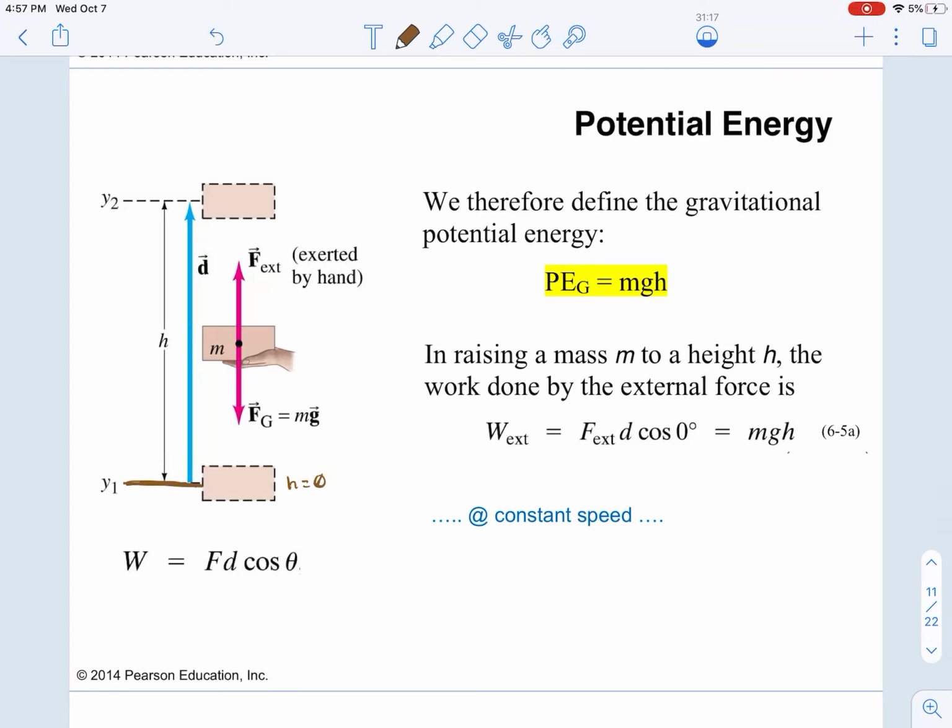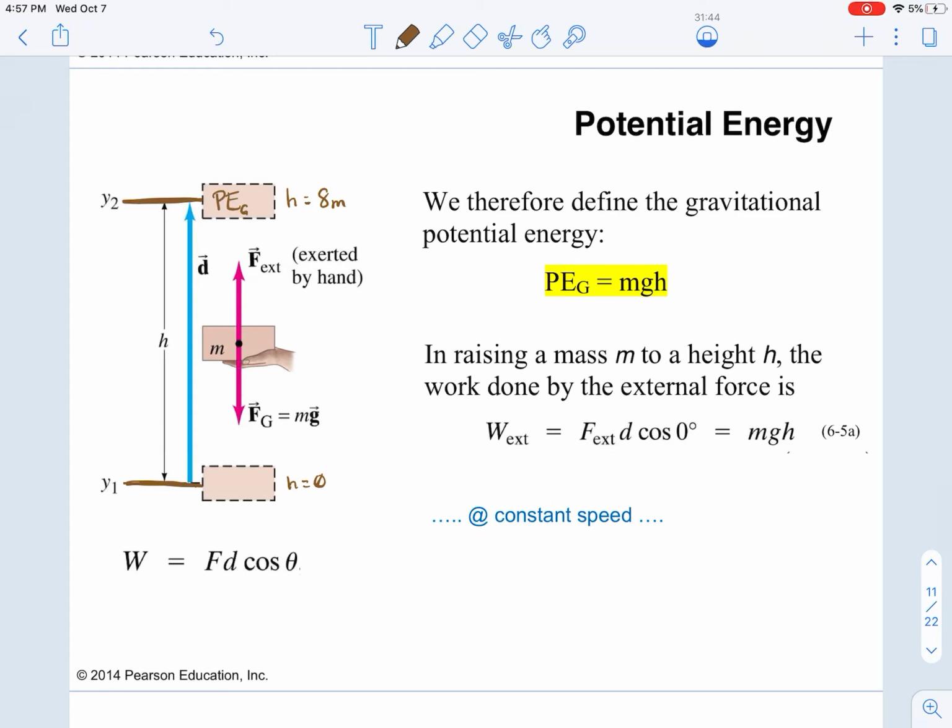If my object is raised to position 2, we now have some height, and let's just make up a value. Let's say that this is 8 meters above position number 1, okay? Now that my object is at this new location, I can say that my object now has some amount of potential energy.